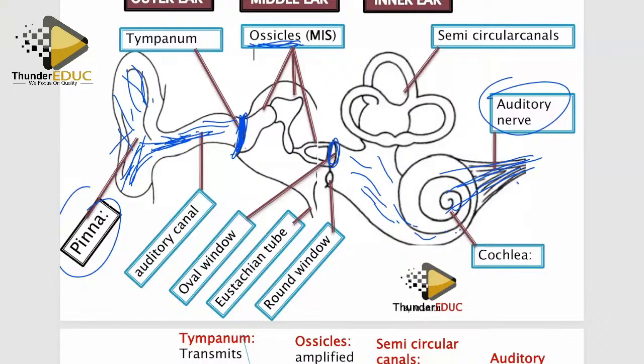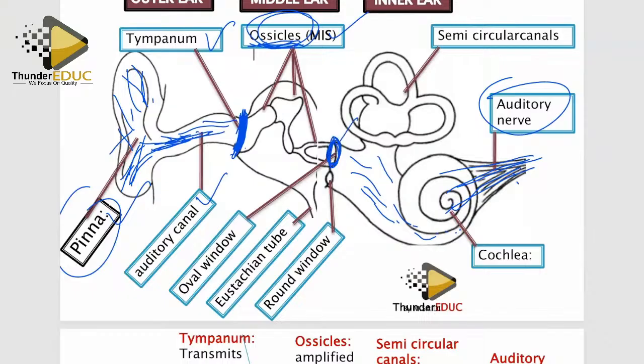Let me repeat. The pinna collects sound and directs it to the auditory canal. The auditory canal transmits the wave into the tympanic membrane. So the tympanic membrane is done, pinna is done. The tympanic membrane will cause the ossicles to vibrate, so they will start to shake. The ossicles will amplify the vibration and also transmit the vibration to the oval window.